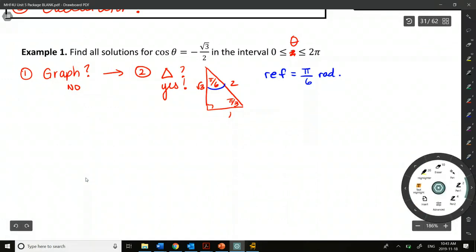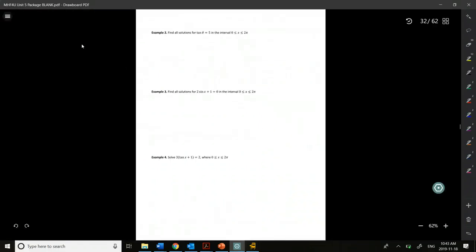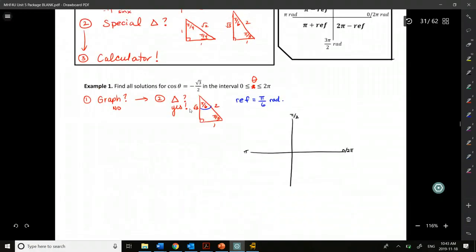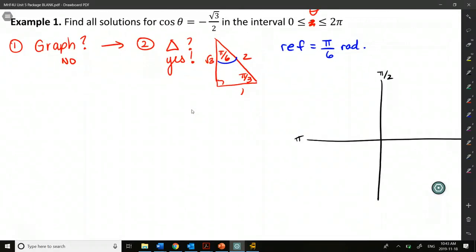All right, so let's think about this for a second. I have cosine between 0 and 2 pi radians, and it's equal to a negative. So I can have two possible answers here. Where would they fall?